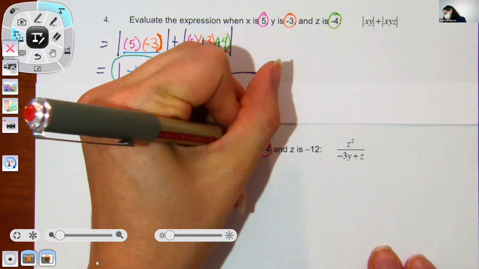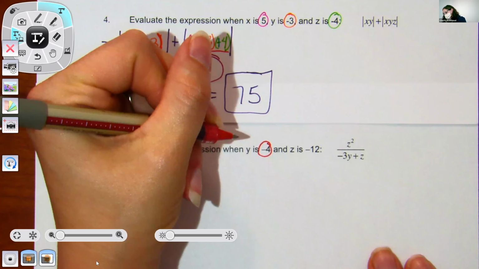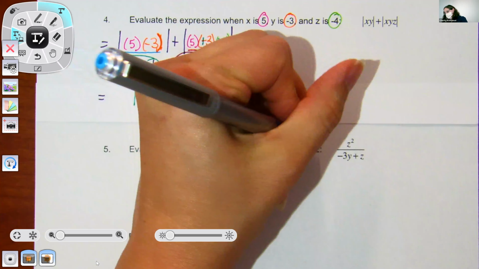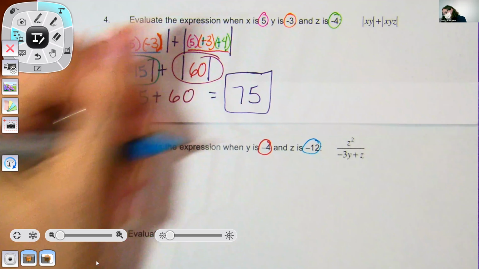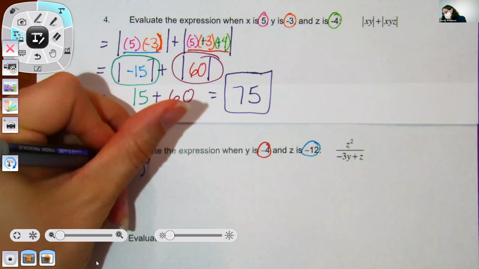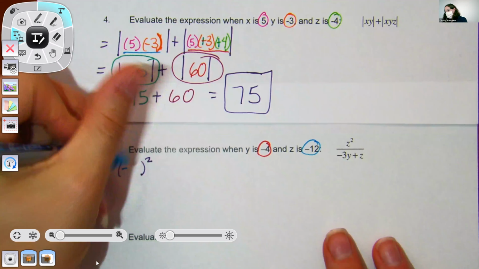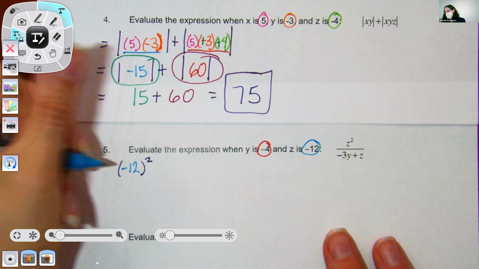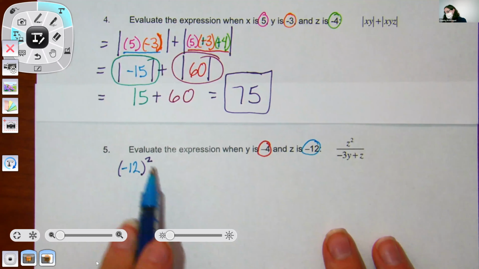So y is negative 4 and z is negative 12. So we're going to have negative 12 squared. We're putting parentheses around that because the whole thing is squared, the negative included there.